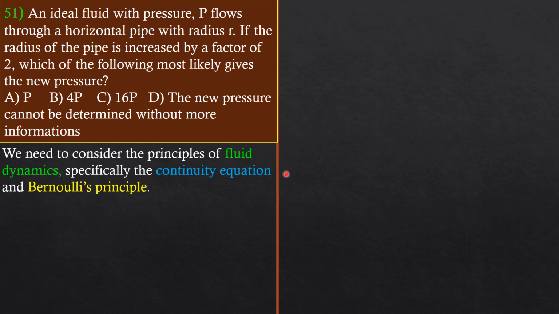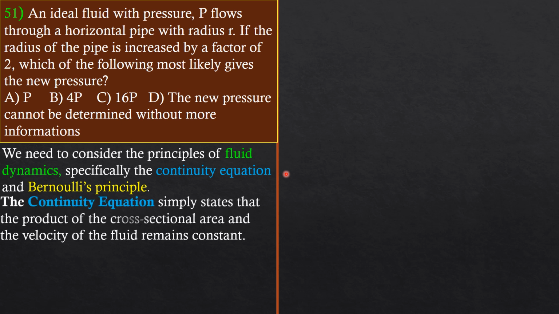Great. As for the continuity equation, it simply states that the product of the cross-sectional area and the velocity of the fluid remains constant. What this law expresses is that if the initial area is a1 and the initial velocity is v1, this has to be equal to a2 v2.